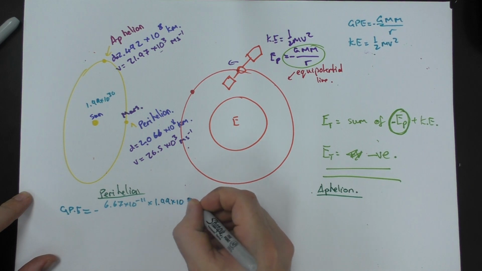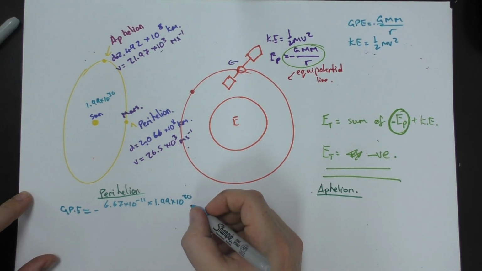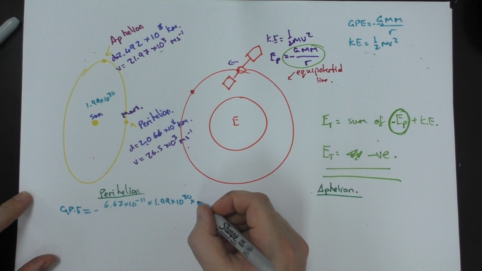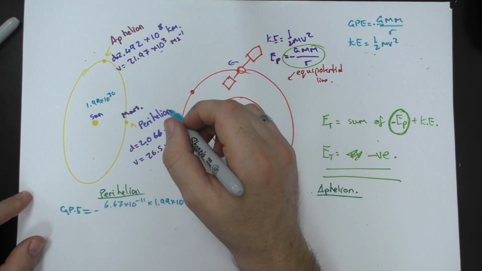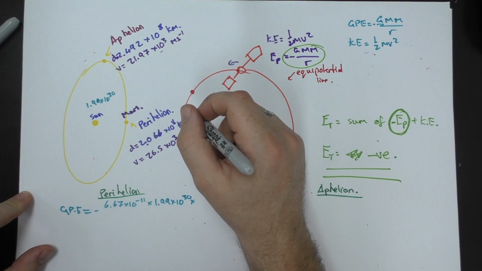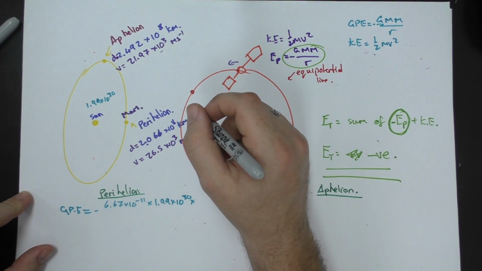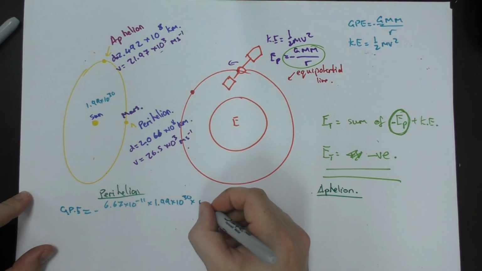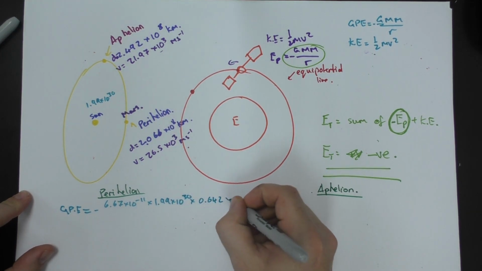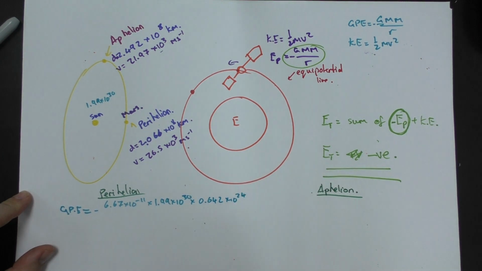And then we're going to times that by the mass of Mars. Let me just check that real quick. So the mass of Mars is 0.642 times 10 to the 24. Nice and big.